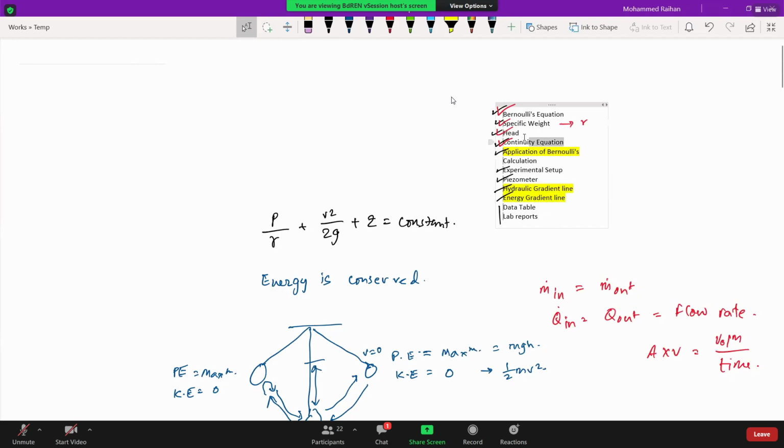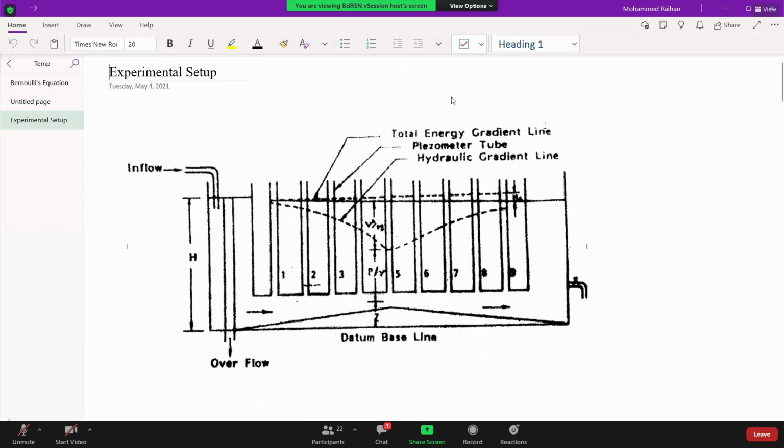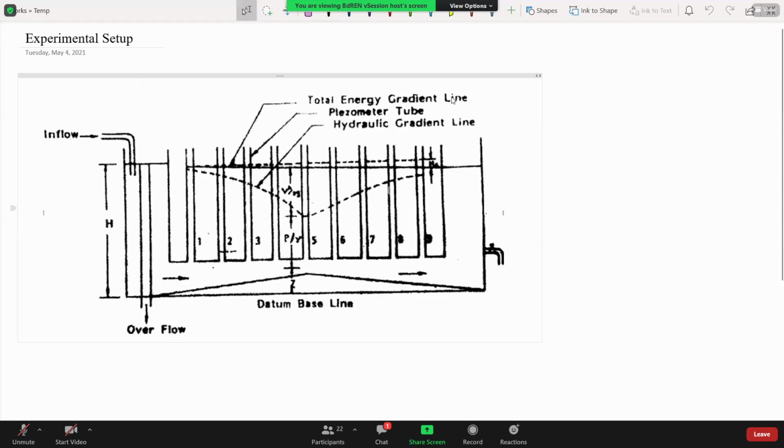So, the experimental setup: this is what the experimental setup looks like. Let's go from the start.